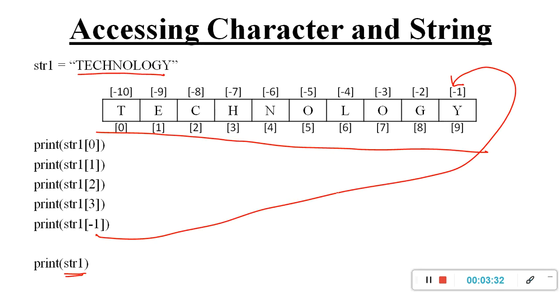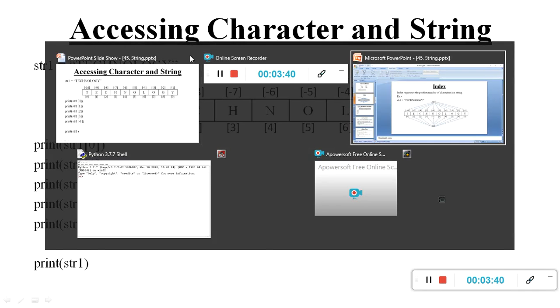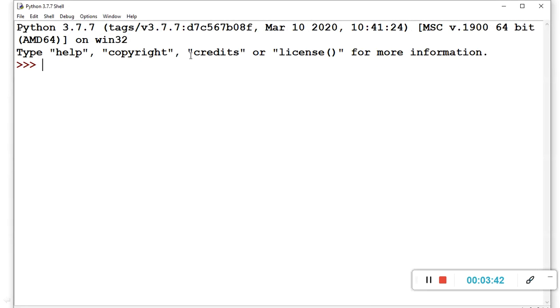Okay, so I'm taking you to the IDLE so that we can understand this in a much better way. So just move to the IDLE. Write down str1 is equal to technology, the same one I'm taking.